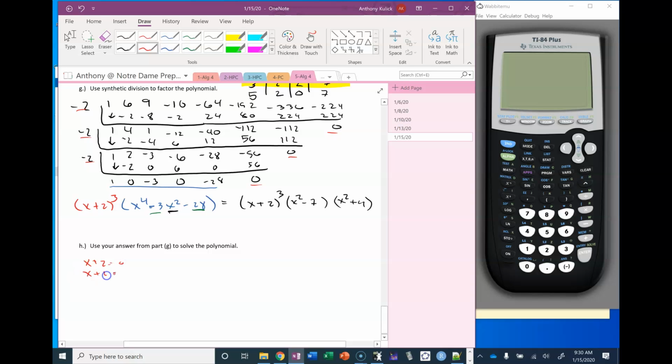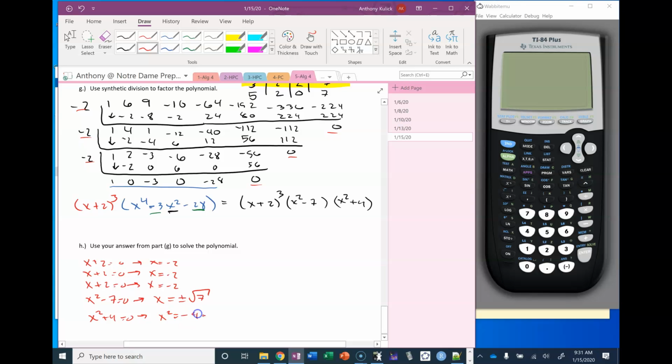So if I set each of these factors then equal to 0, I get x equals negative 2 3 times. x squared minus 7 equal to 0. If I add 7 to both sides and then square root, I get plus or minus the square root of 7. Then x squared plus 4 equal to 0.